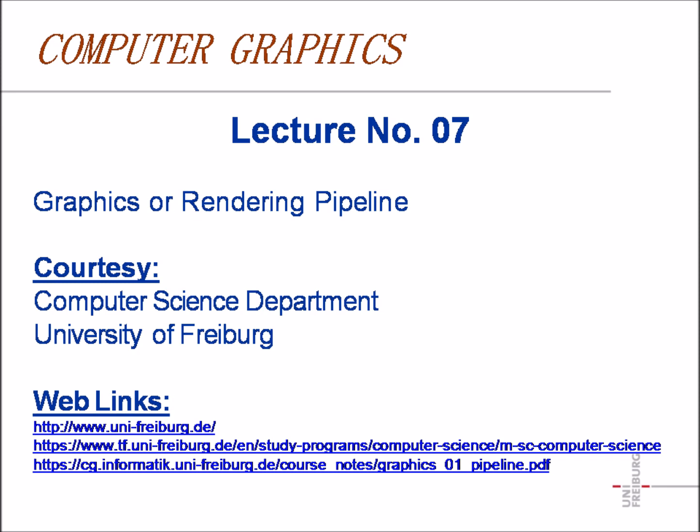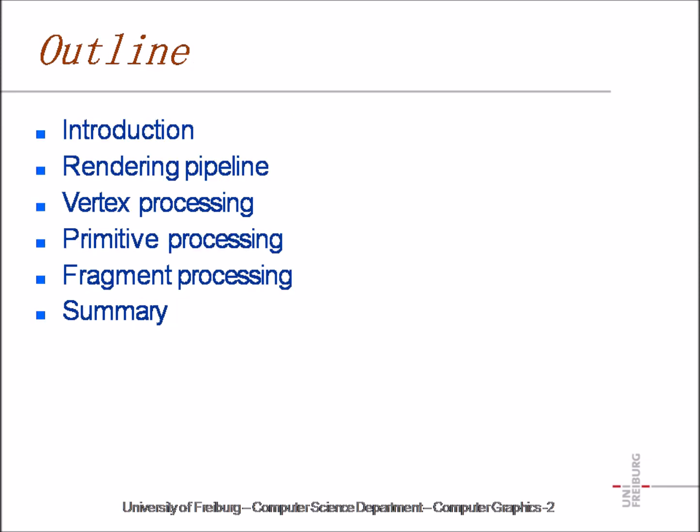So dear students, let's start. Here is the outline of the lecture. The outline will be covered in 3 subsequent lectures: lecture 7, the current lecture, and the 2 subsequent lectures, lecture 8 and lecture 9. In the beginning of the outline is the introduction that I have already given to you. Number 2 is rendering pipeline.